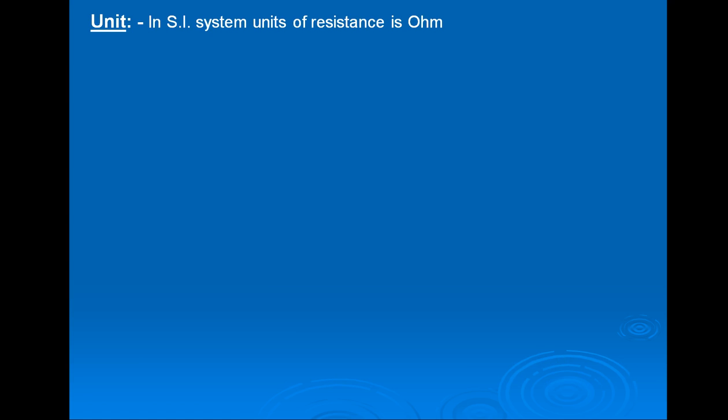Now units of resistance. In the SI system, the unit of resistance is the ohm, whose symbol is capital omega of the Greek letter. From equation 3, R = V/I.